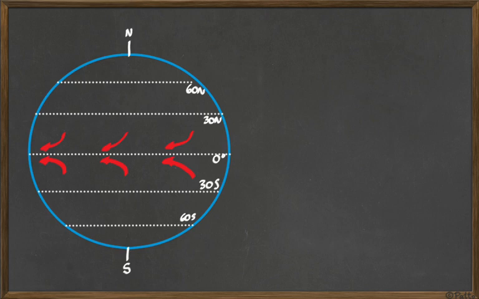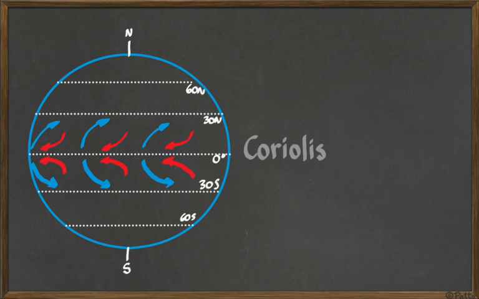Because of the rotation of planet Earth, the circulation of air is kind of weird. Air masses moving in the direction of the equator tend to move westward, like we have in this diagram here. But air masses moving away from the equator tend to move eastward. This creates a circulation that is caused by something called the Coriolis effect.